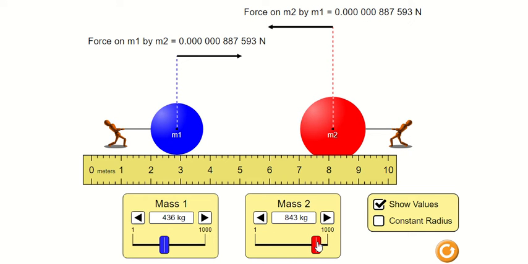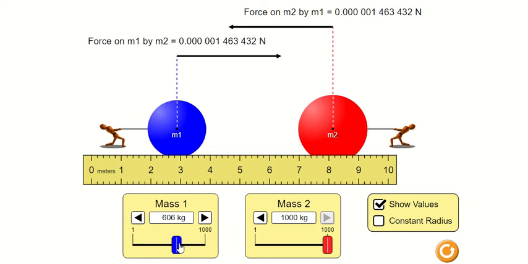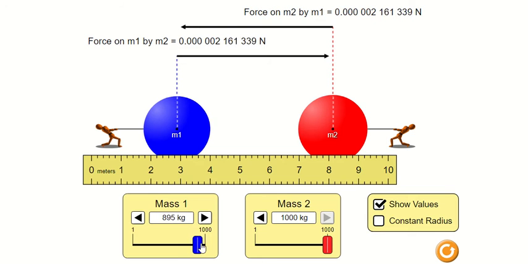Let's say if I increase mass 2 up to 1000, we see the force on M2 is changed, and also the force on M1 is changed. Similarly, if I increase the mass of mass 1, the force also increases, and if I make them both the maximum 1000 kg, we see the force increases to the amount given here.